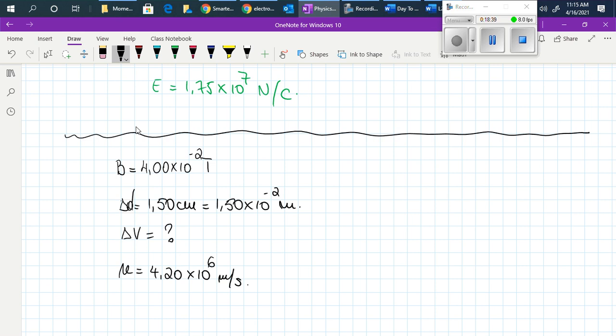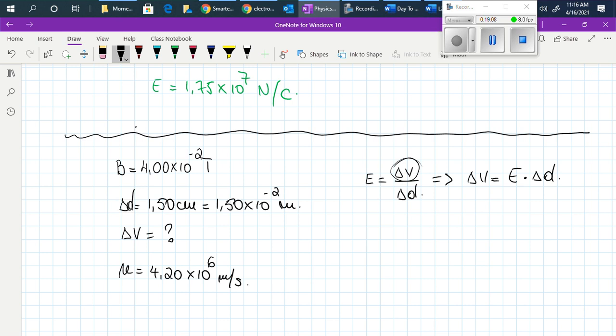It's the same on every single point between the two parallel plates. And it is delta V over delta D. So in order to find delta V, what we have to know is what is E, because delta V is equal to E times delta D.